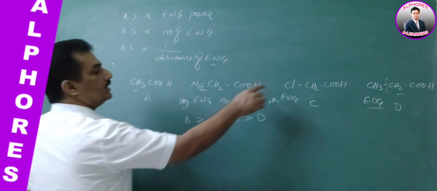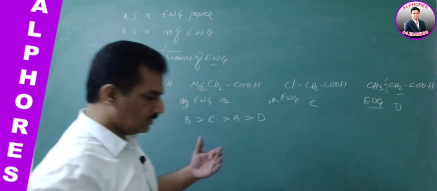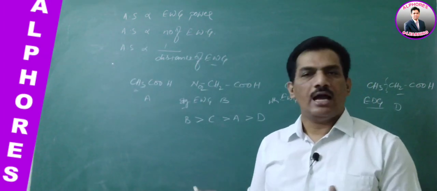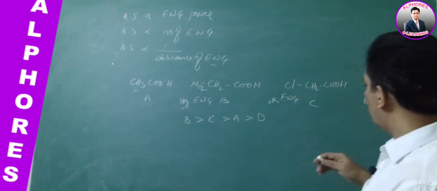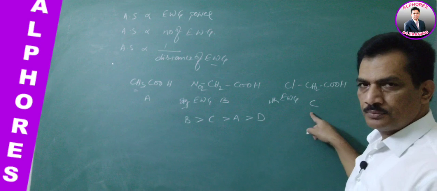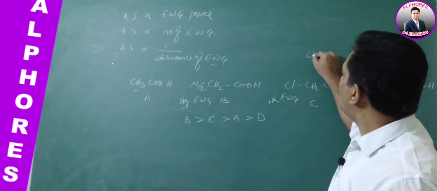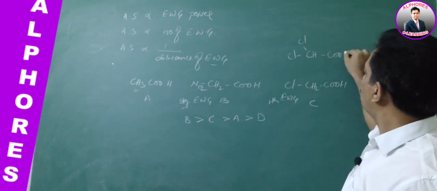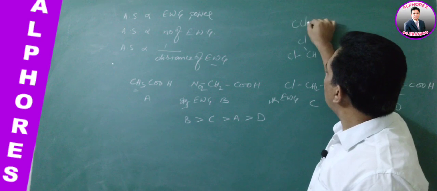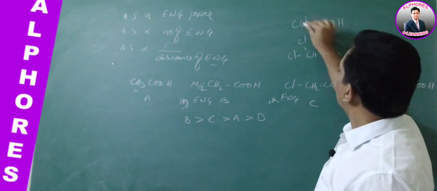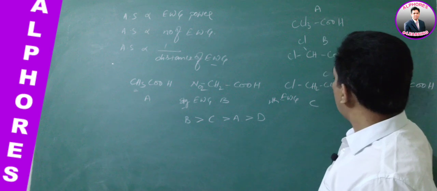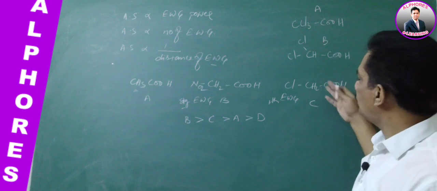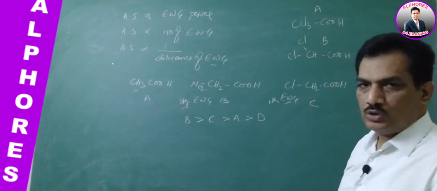Now in case of this type of compounds, because you already have some idea about acidic strength, we are just having a review. Let me continue with chlorine. If the compounds are given as CCl3COOH and the others, like A, B, C, as we know chlorine is an electron withdrawing group.